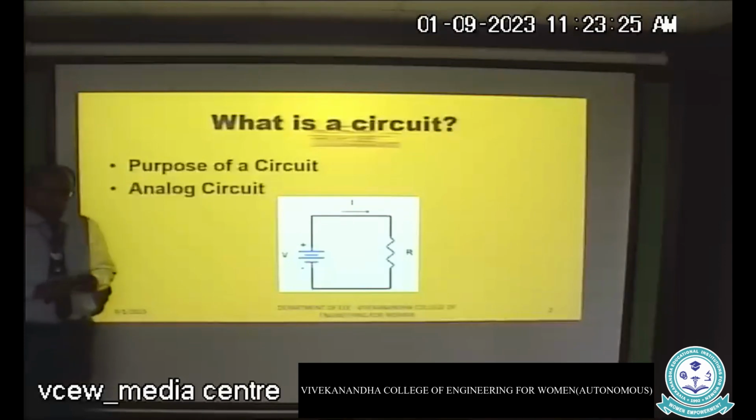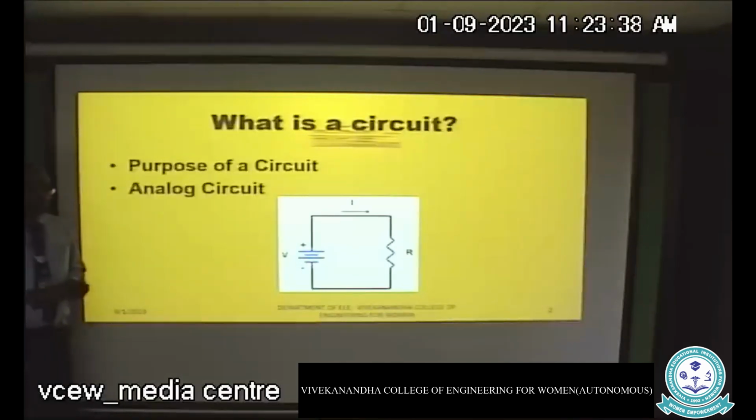Behind every task there will be an automation. If you want to transmit power, transmit data, or transport something from one place to the other, we need connectivity, we need a network.